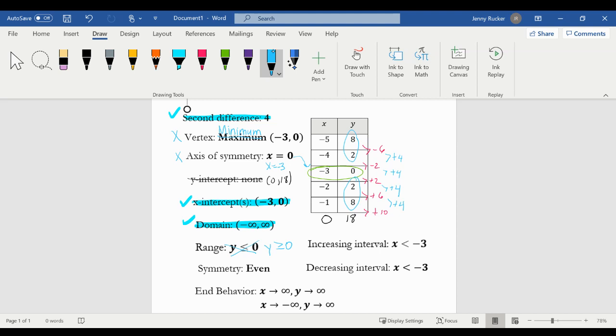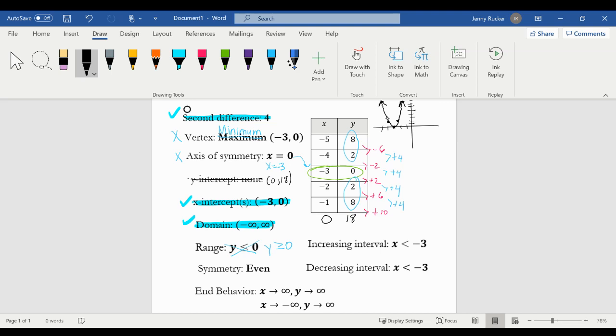Let's check our symmetry. So if we visualize this parabola, -5, 8, -4, 2, -3, 0, -2, 2, -1, 8, we can see that this parabola, just in a very basic sketch, does not have symmetry about the y-axis, and I could not rotate it 180 degrees in order to map it onto itself.